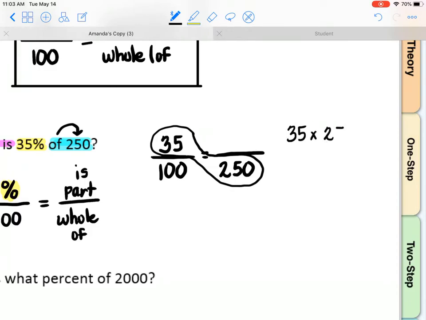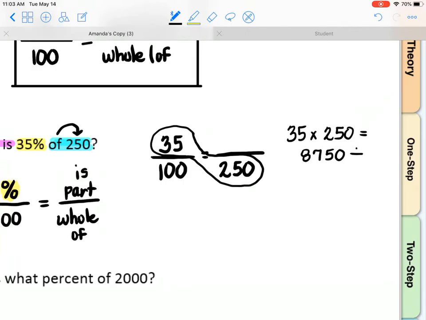This is called, it's not called a peanut in real math. This is cross products or cross multiplying. So 250 times 35 equals 8750. We're not done yet, so bear with me here.